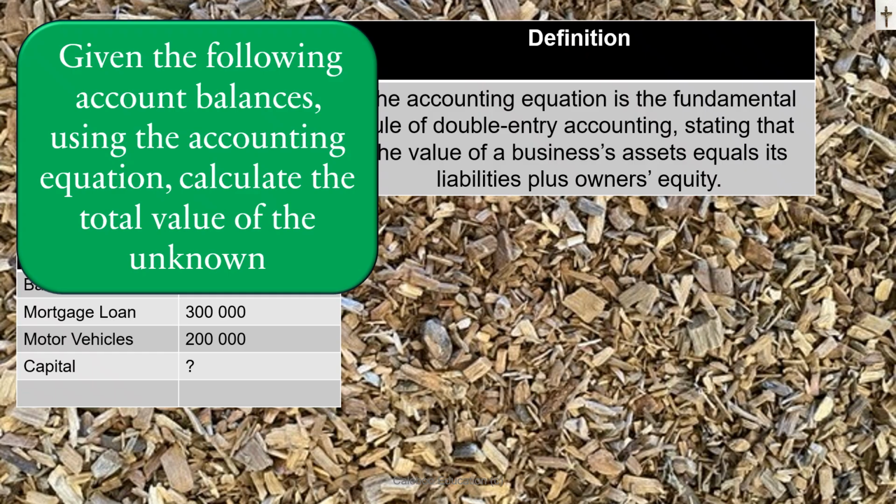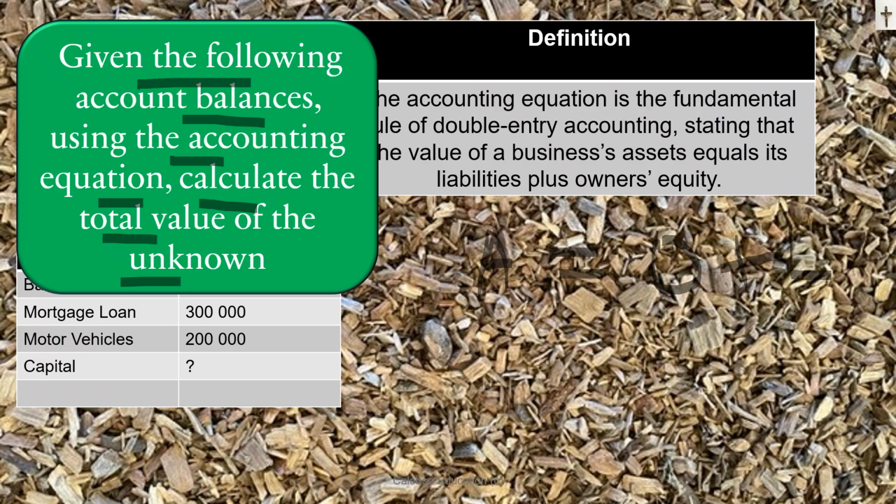Next calculation. Given the following account balances, using the accounting equation, calculate the total of the unknown. So we're going to use the accounting equation formula, which is assets equals owner's equity plus liabilities.